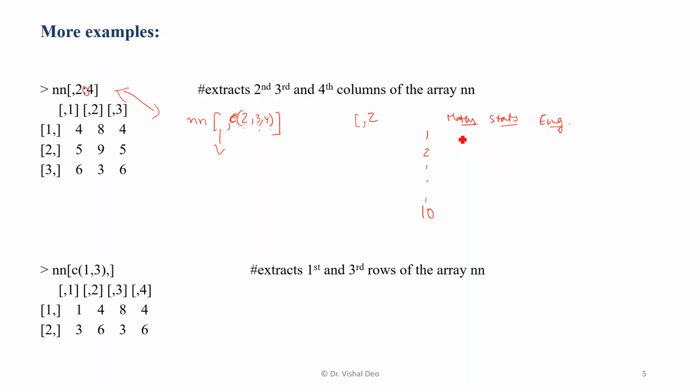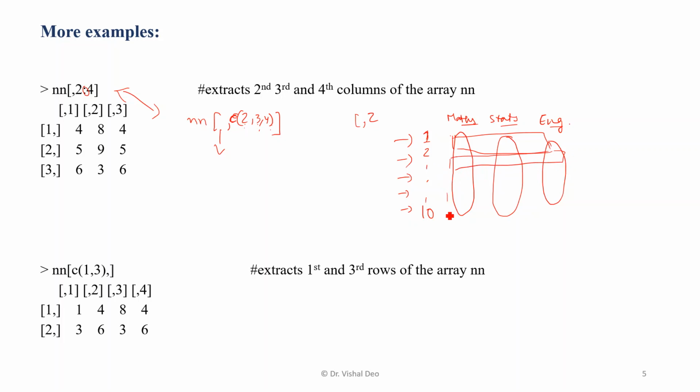So the first column, basically, if you define it as an array, will basically contain the marks in mathematics. The second column will contain the marks in statistics, and the third will contain the marks in English. And each row will represent the marks of each student. So first row will represent the marks in math, stats, and English of the first student. Second row will represent marks in math, stats, and English of the second student, and so on. So this is one way of understanding it.